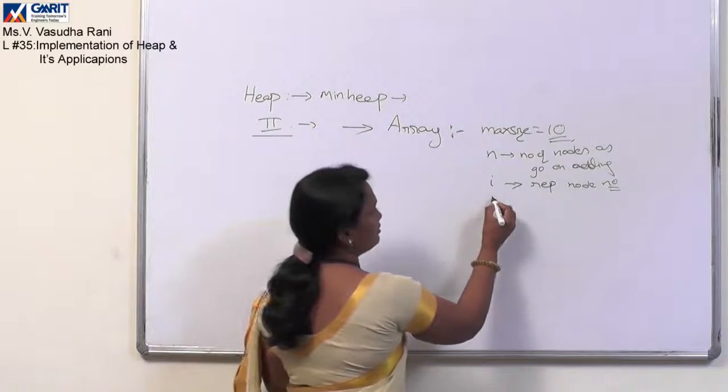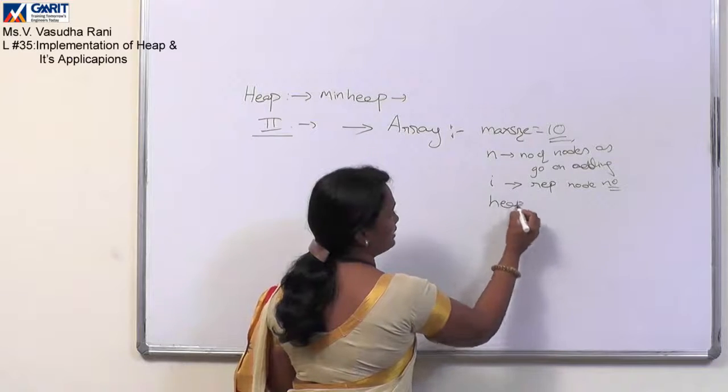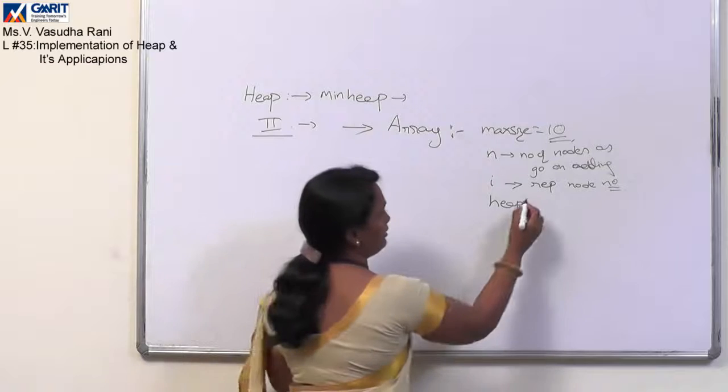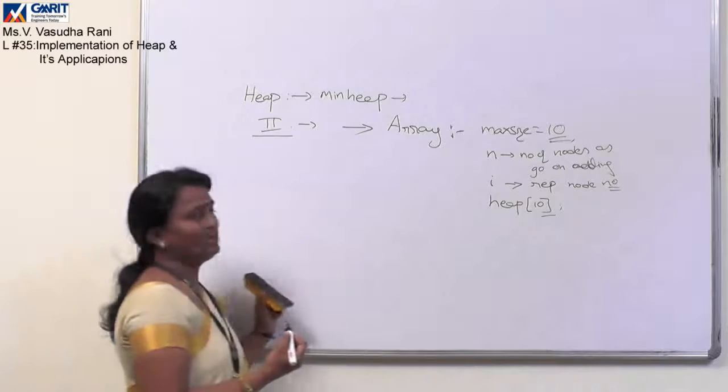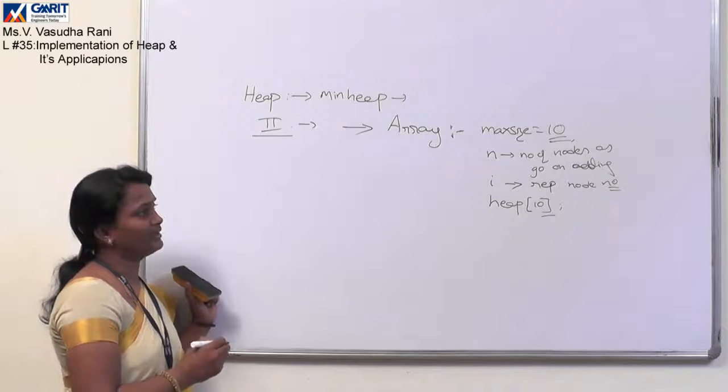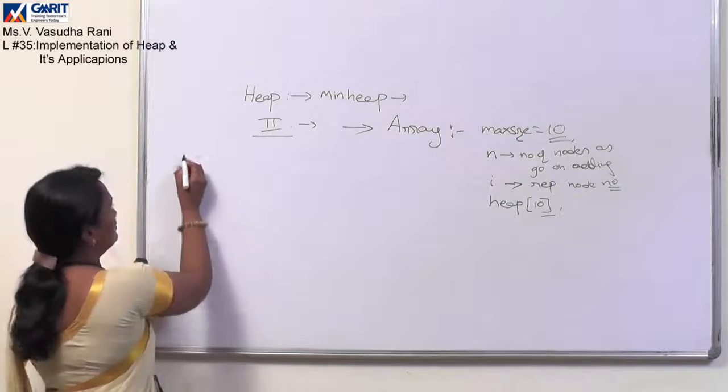To represent the heap, that is the array data structure, let us take heap of 10. Taking all these things into consideration, now let us write the code for insert.